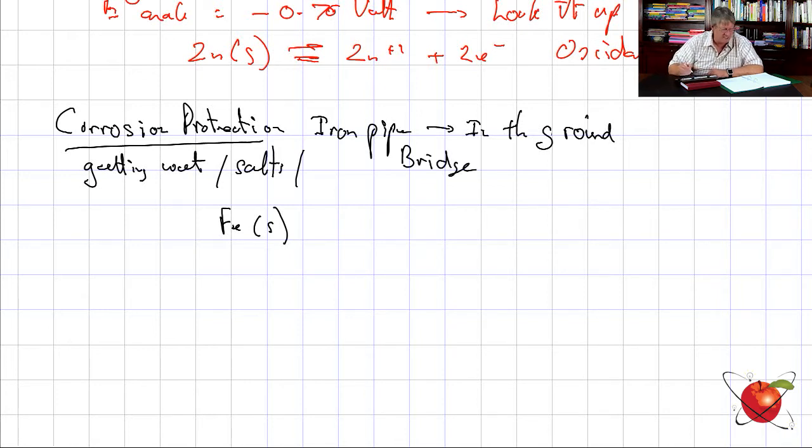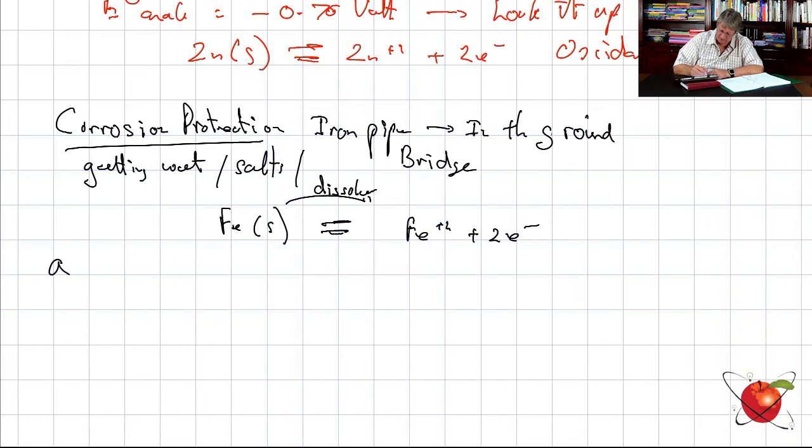What we find is that Fe solid goes to Fe2+ plus 2 electrons. So it starts to dissolve, it goes to an ion form. And we introduce air into this as well, which is O2.